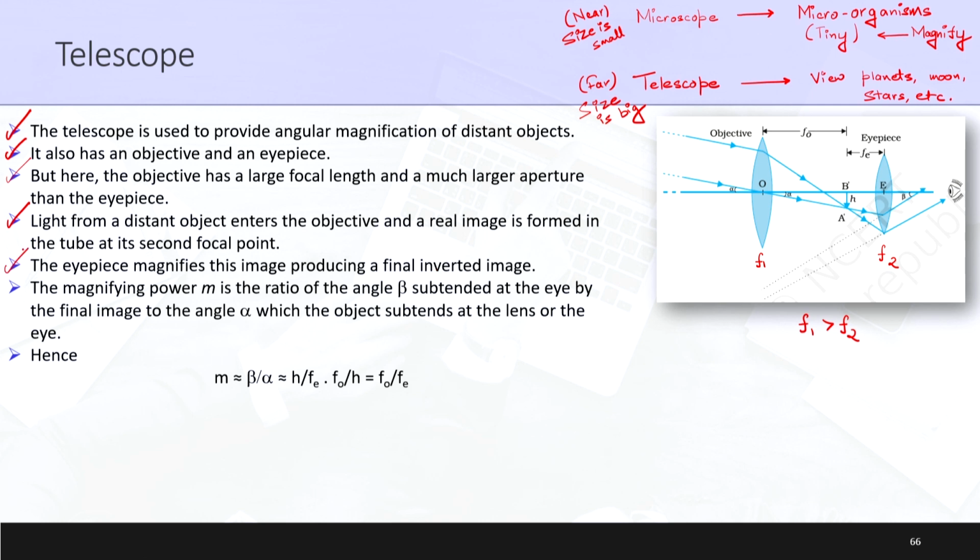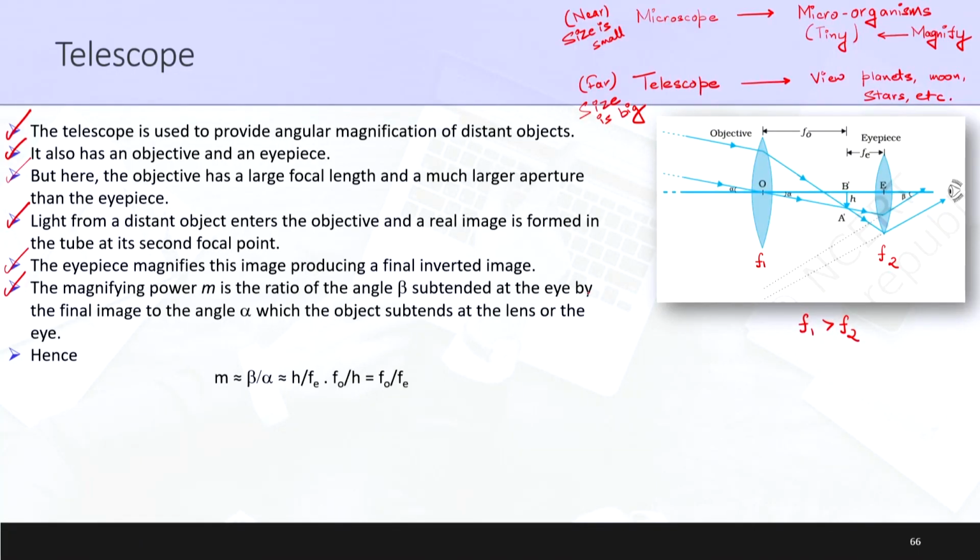The magnifying power m is the ratio of the angle beta subtended at the eye by the final image to the angle alpha which the object subtends at the lens or the eye. It is a simple definition of magnification, just with angles used so as to correspond to the microscope concept.